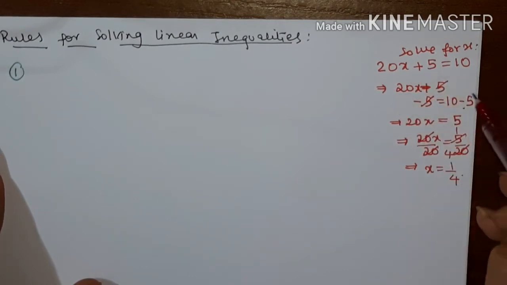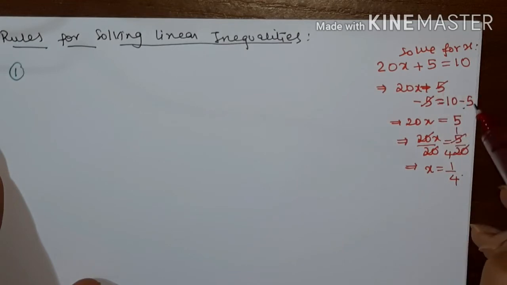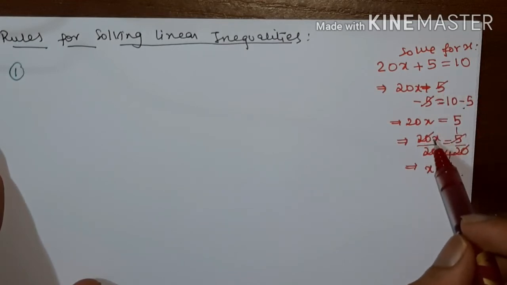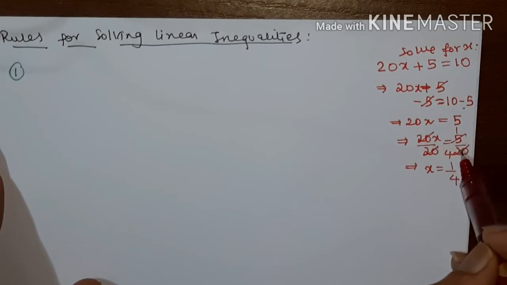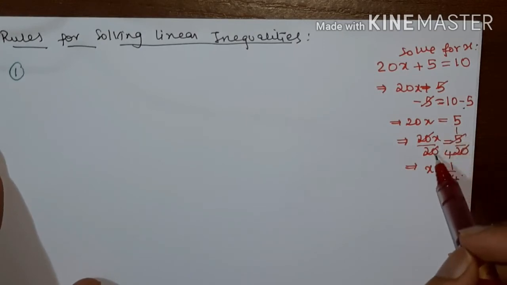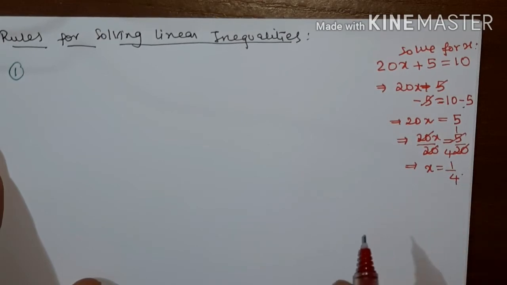This is the rule, but the equality remains equal only because you're doing it on both sides. Now here also you divide by 20, that is a rule, but this is an equality, and since you're dividing on both sides, the equality will remain an equality, and so you get x equal to 1 by 4.